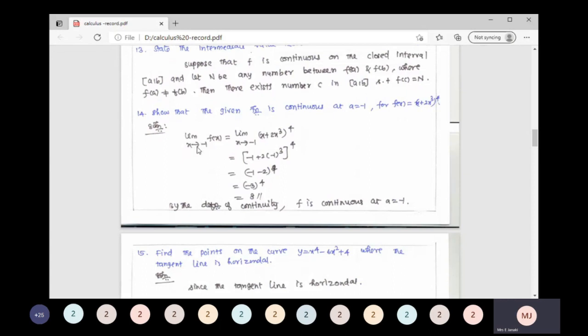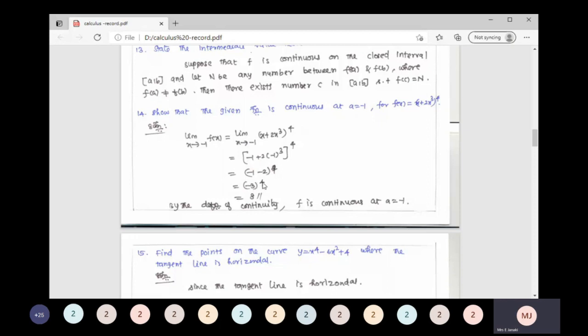So limit x tends to minus 1 of f of x is equal to limit x tends to minus 1 of the function (x plus 2x cube) the whole power 4. So we have to replace x by minus 1 here. So we'll get (minus 3) power 4.